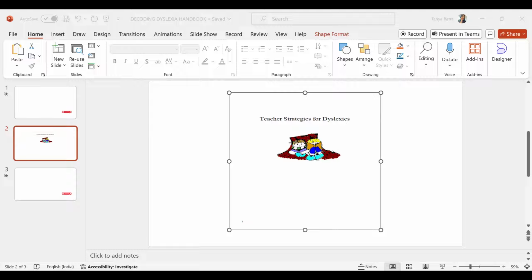And now the next line mentions the strengths and capabilities of learners having dyslexia. They are gifted in areas that do not require language skills, such as art.